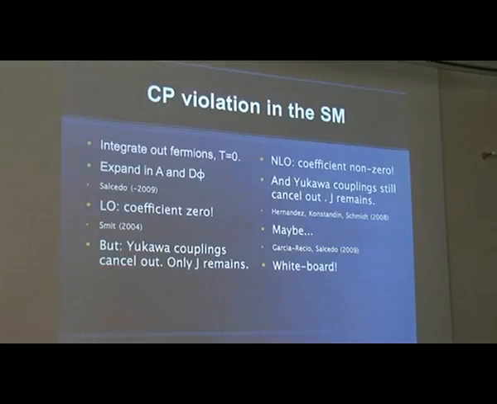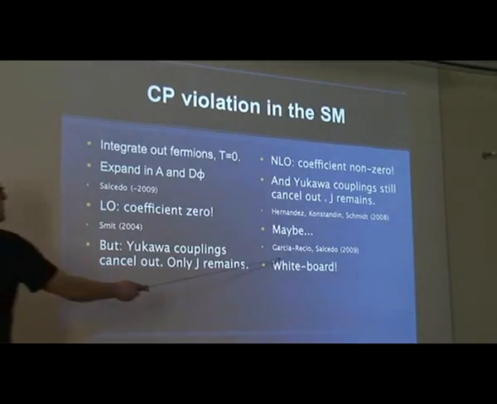So you get an effective action, real part, imaginary part. The imaginary part has the epsilon. That's the one everybody looks at, because it violates P, CP. But it violates CP by violating P. And there's this one coefficient, one term, and this guy says that it's 0, and these guys say that it's non-zero.